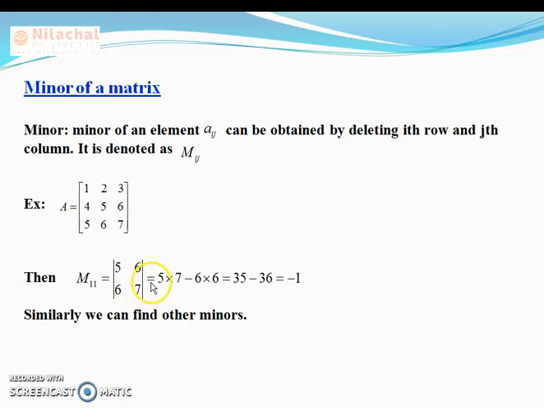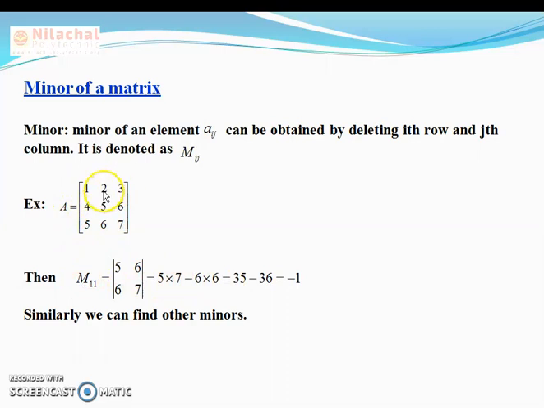So the answer is the cross multiply. So 5 into 7 minus 6 into 6. That equals 5 into 7 is 35 minus 6 into 6 is 36. That equals minus 1. So likewise you can find other minors. M11 means the minor of A11.